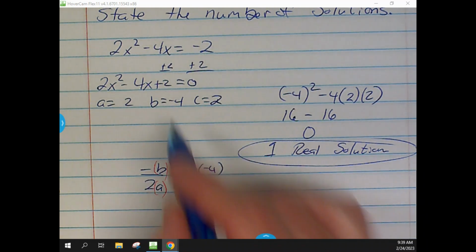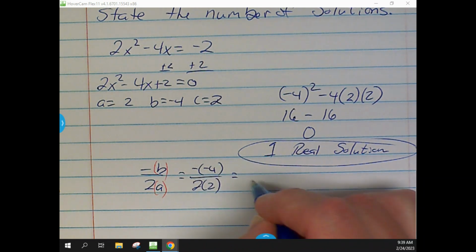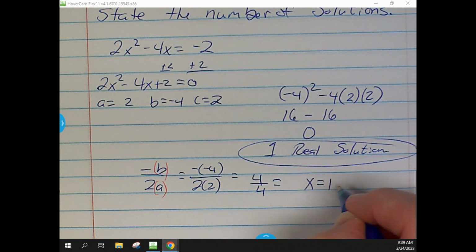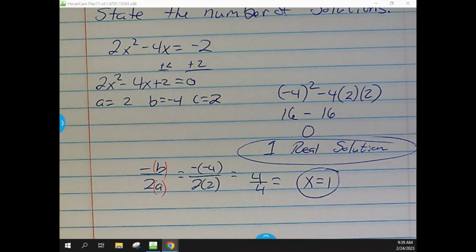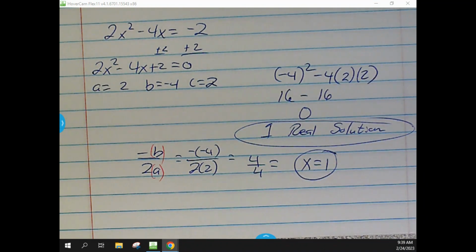So it's minus negative 4 over 2 times 2. So that's 4 over 4. So that means we'd have one solution at x equals 1. Okay. So if you do get 0 for your discriminant, then your solution is also the x coordinate of your vertex at the negative B over 2A, which would be at x equals 1.